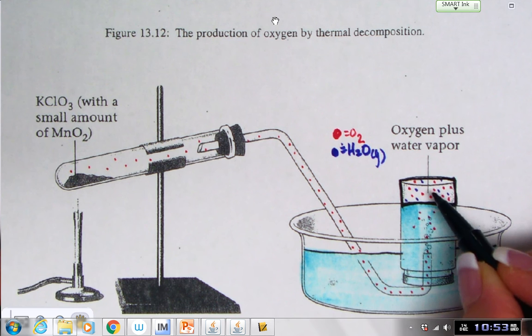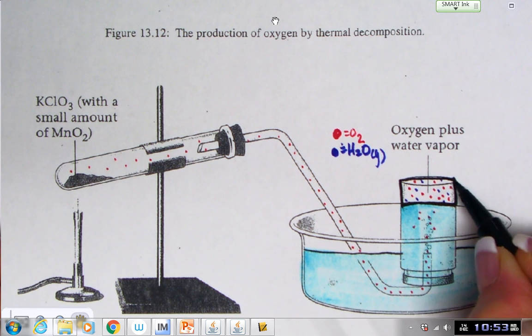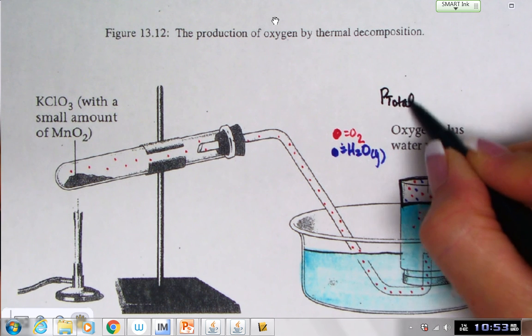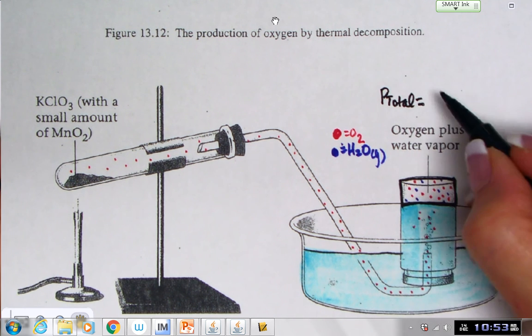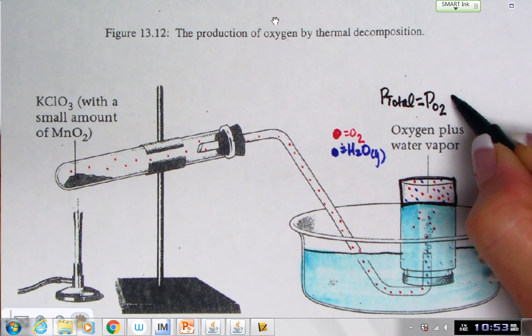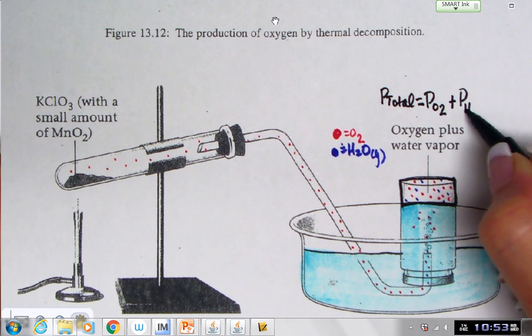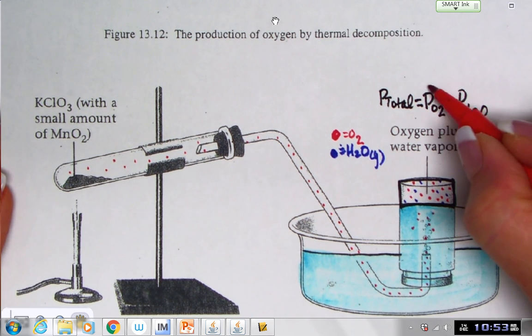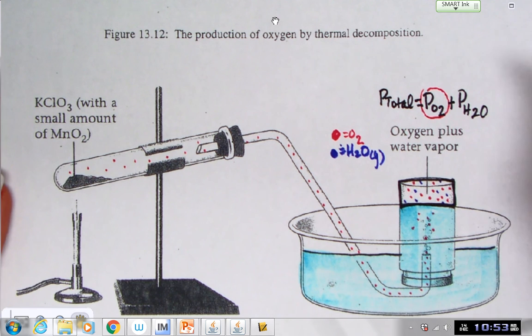So Dalton's law says that the total pressure in this container, we would write that formula as P total, is equal to the partial pressure of the oxygen plus the partial pressure of the water. Now, if we're collecting the oxygen, that's the one we really care about, specifically its pressure. We need to isolate the P of O2.